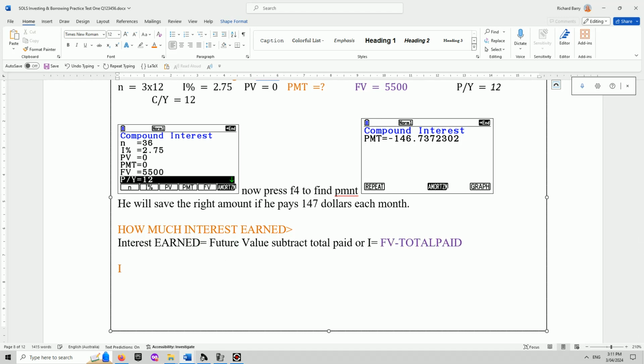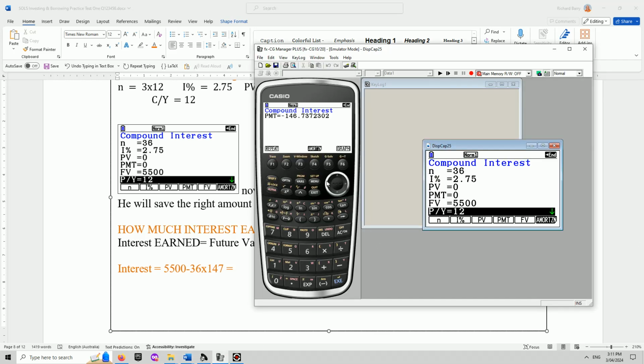Okay. So in this question, the future value is 5500. Subtract, how much did he actually pay? Well, he did 36 payments times 147 each time. I'm not quite sure what that's going to work out to, but let's do a screen grab. Normal calculator operations. 5500. Subtract, relying on the calculator to do this in the correct order.